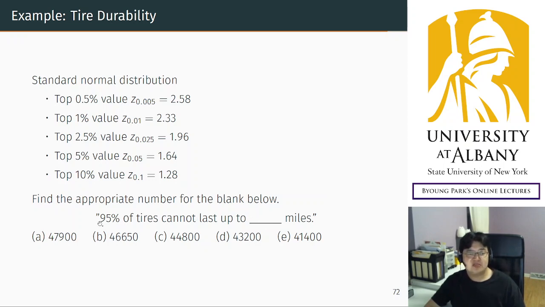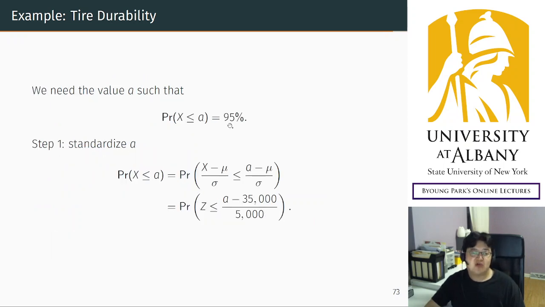So the clue is 95% of tires cannot last up to this miles. So smaller than this miles. So you can write it this way: the probability that a randomly chosen tire cannot endure A miles is 95%. 95% of tires wear out before A.